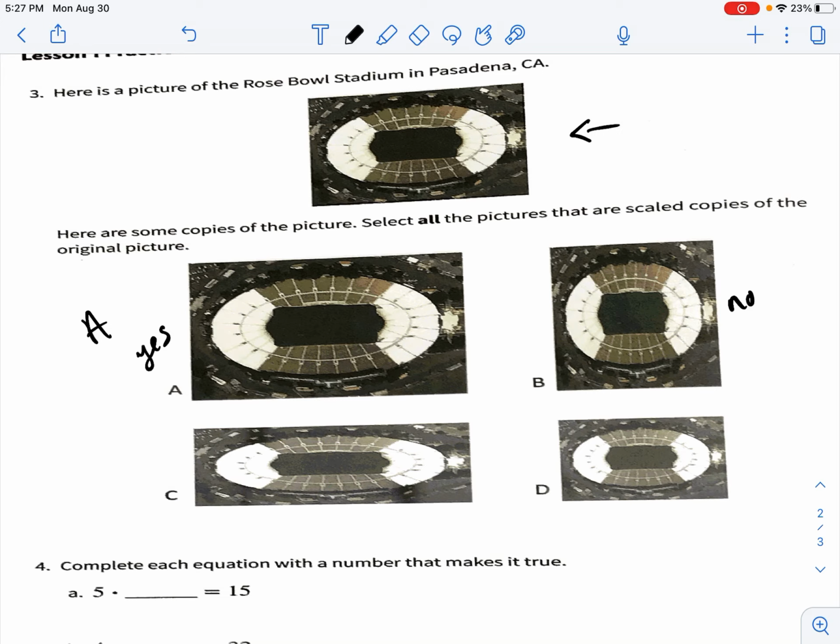It's a little more compressed. This one, number C, is squished, but still the same length as A, and so that one is not. And then D is yes as well. This one's just a smaller copy of the original, but they squished it as well as they thinned it at the same proportional dimensions.